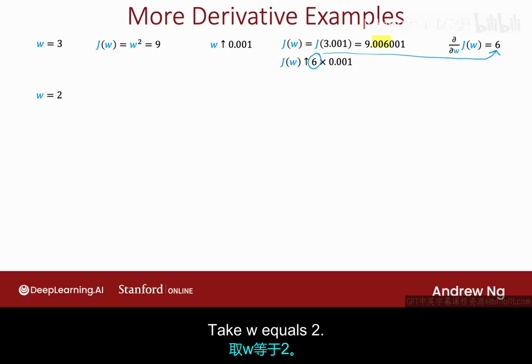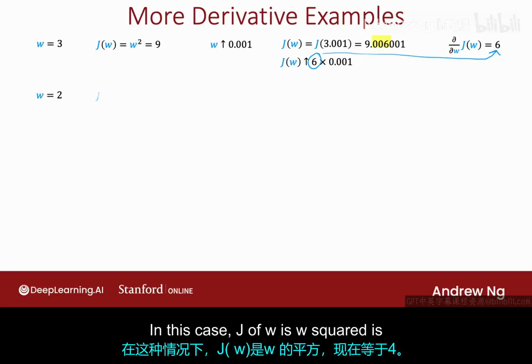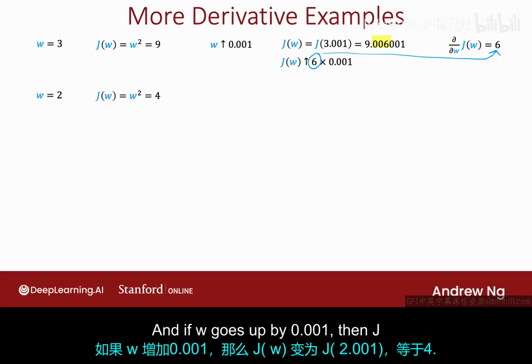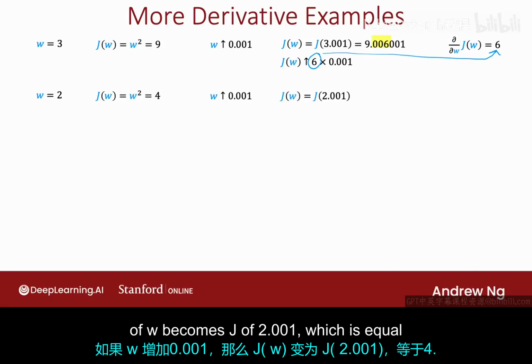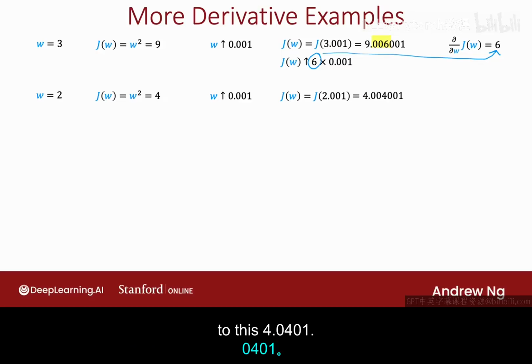Take w equals 2. In this case, J of w, which is w squared, is now equal to 4, and if w goes up by 0.001, then J of w becomes J of 2.001, which is equal to 4.004001.